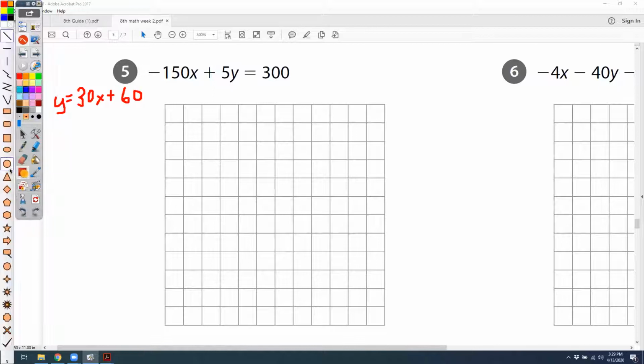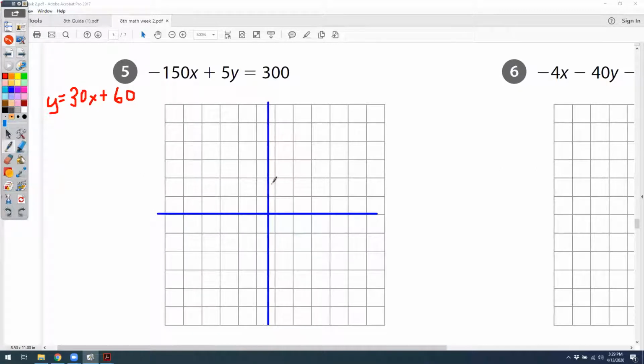It's going to be really hard, and honestly a pain in the booty, for me to count out 30 and 60 spots on here, and then it's going to go totally off the page. So can you think of something I can do that might help me not have to count so much?